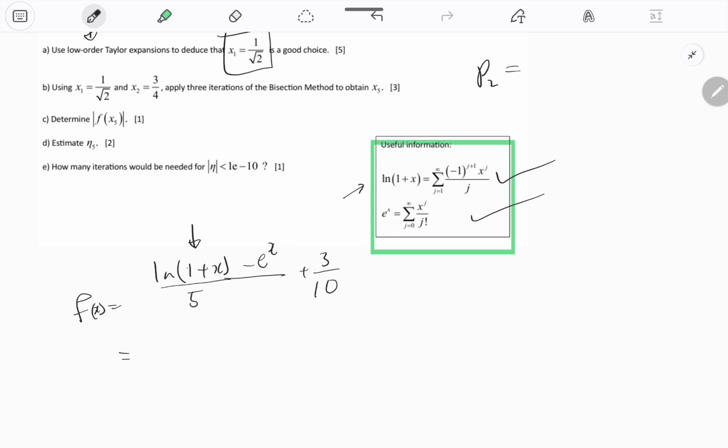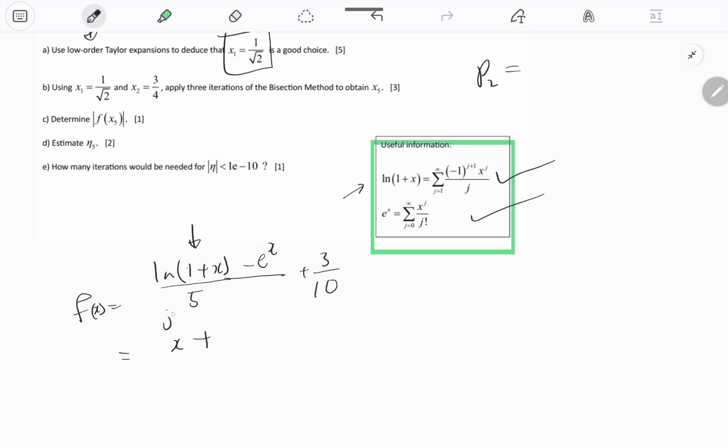Starting when j is equal to 1, the top part will be 1 plus 1, so I'll get 2, then 2 squared, and then x to the power 1 will be 1. Remember, j is 1, so there'll be a 1 in the denominator. Nothing's happening, so it's low order.